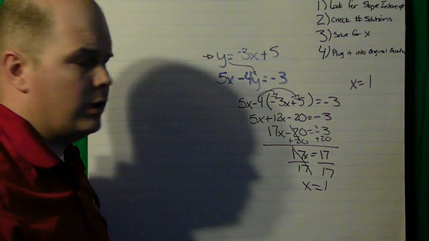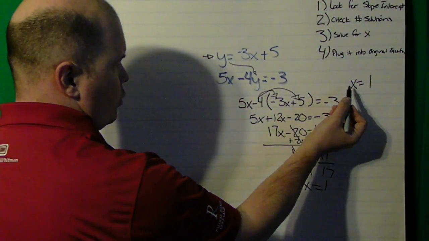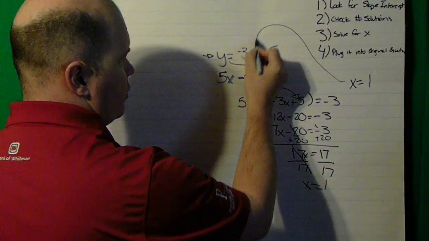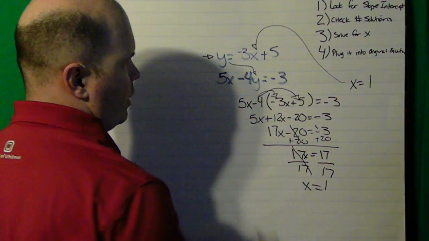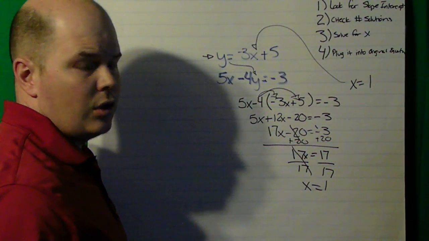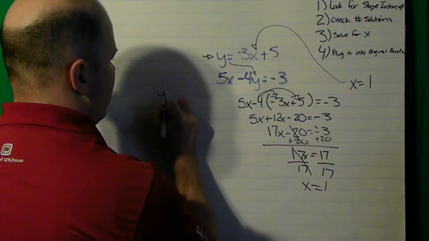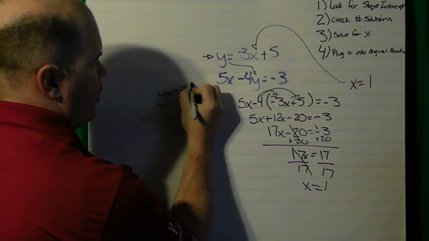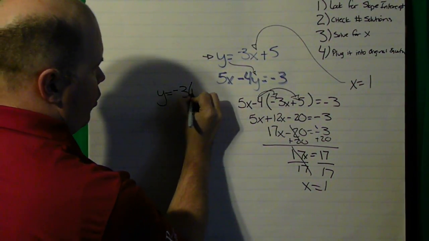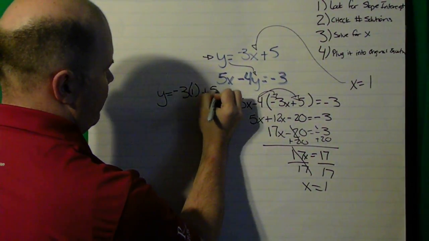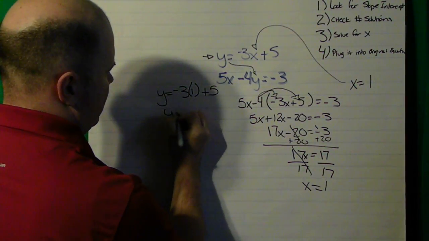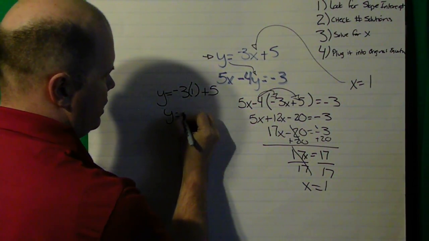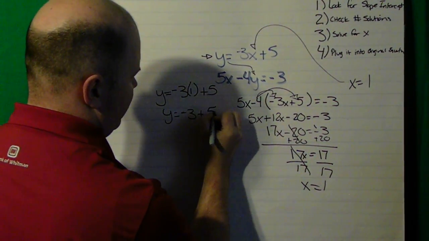Now, all I'm going to do is take x equals 1. I'm going to plug it right into my x value on that equation to solve for y. So we're going to go y is equal to negative 3 parentheses 1 parentheses plus 5. y is equal to negative 3 times 1 is negative 3 plus 5.